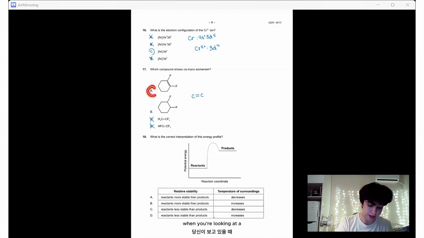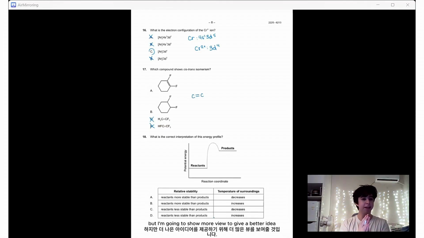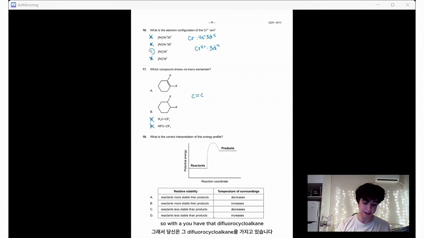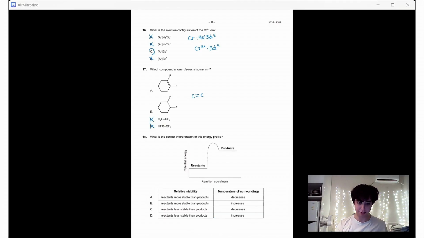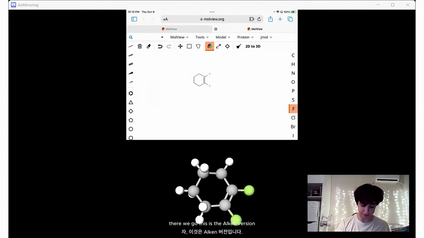When you're looking at A, if you have a molecular model kit, get it out. I don't have mine. Mine's at the office at school, but I'm going to show MolView to give a better idea. So with A, you have that difluorocycloalkene, okay? And this is the alkene version.